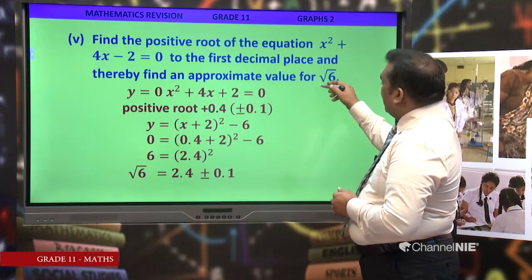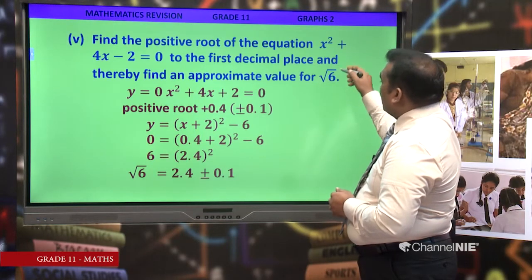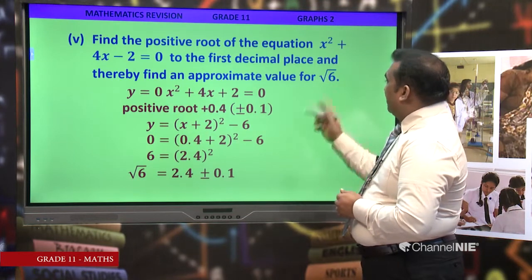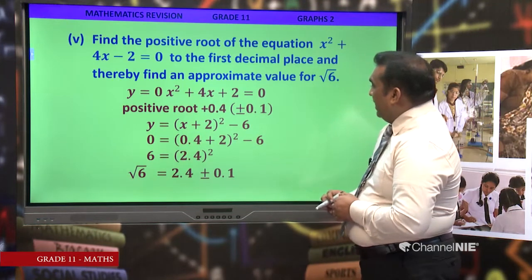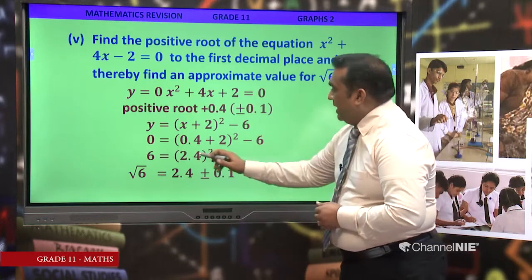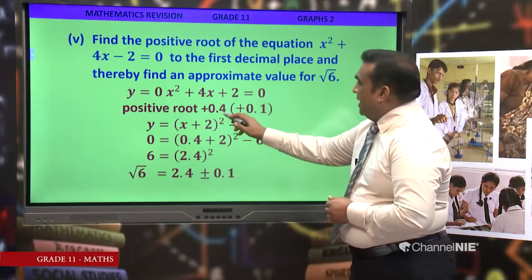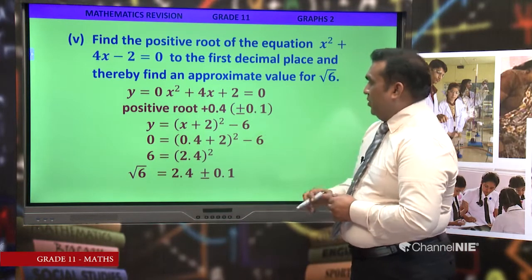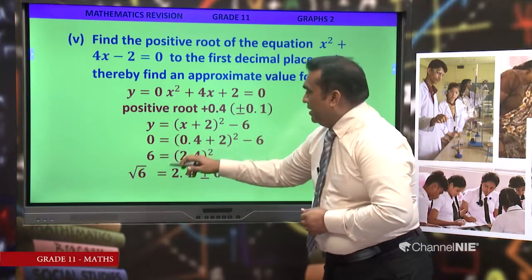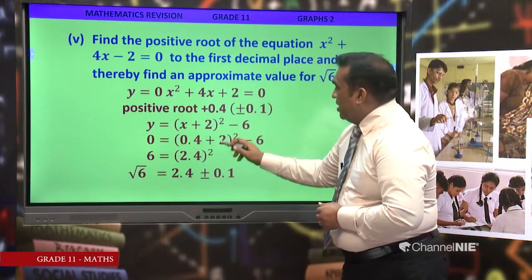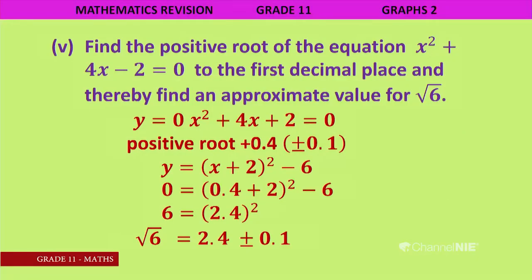Now, we want to find the value of root 6, the positive root of 6. Then how to do it? When y equals 0, you know that x equals 0.4. Therefore, put 0.4 instead of x: (0.4 plus 2) squared minus 6 equals 0. Here 0.4 plus 2 is 2.4, squared equals 6.